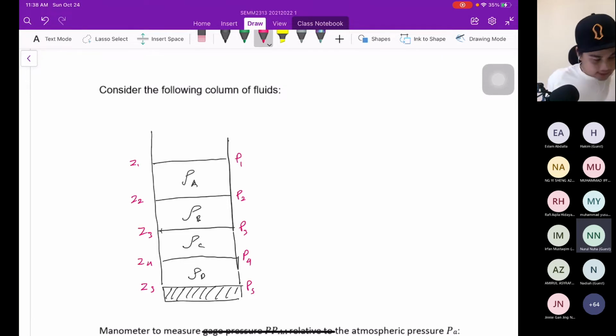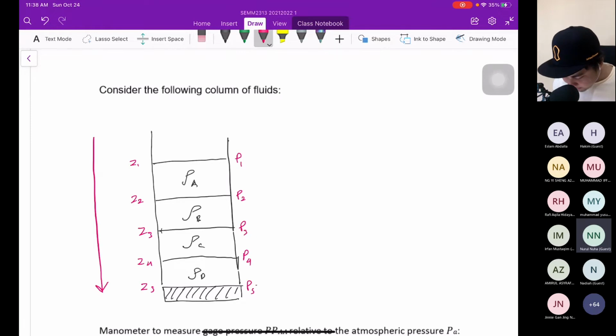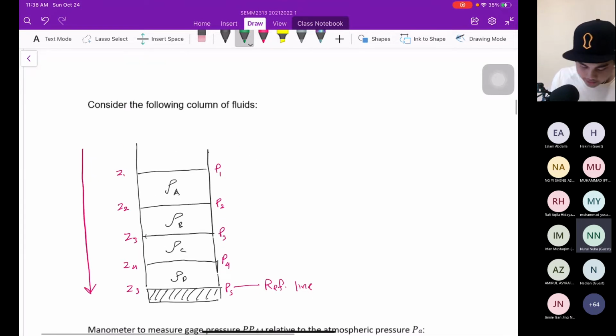So let's start like this. This is very important: from the top to the bottom calculation. Remember this. Then we have the reference point, this is our reference line. After that, the hydrostatic equation.